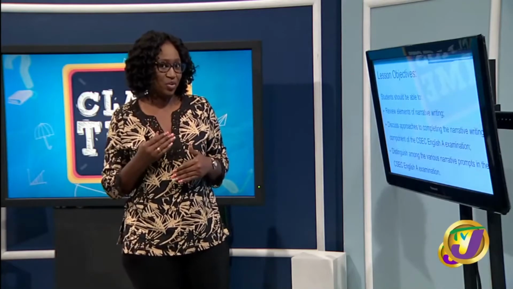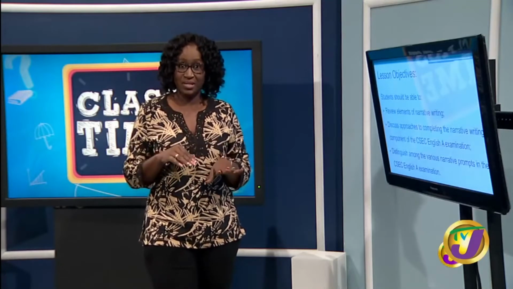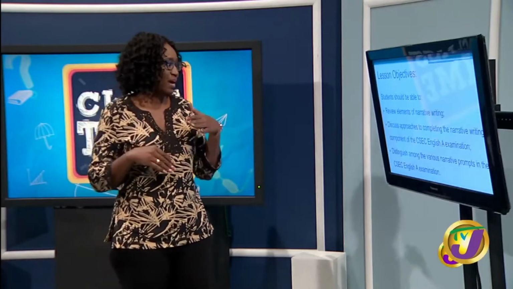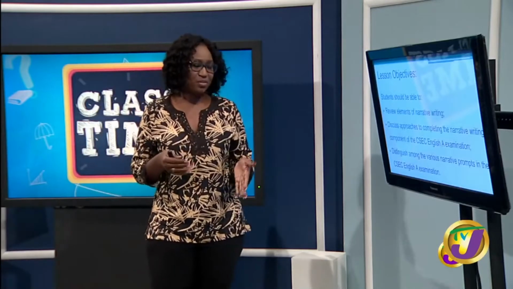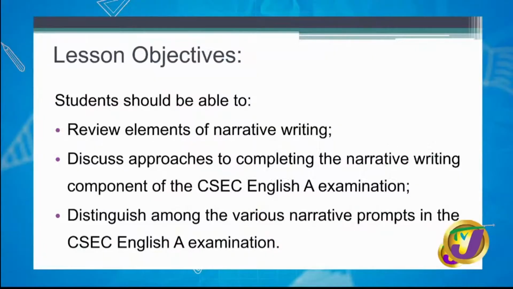You have various types of conflict that will have to come out in order for you to have a rich story. So think about those as we go through today's exercise. Now, of course, you're going to have to distinguish among the various narrative prompts that you will get in your exam as well. So think carefully of all of these things as we go ahead.